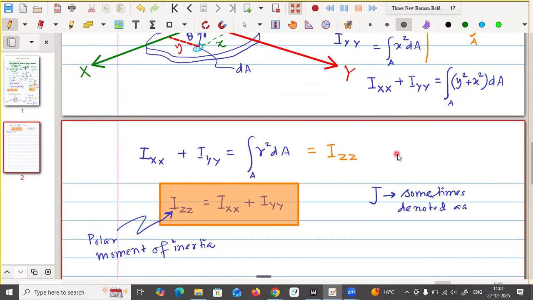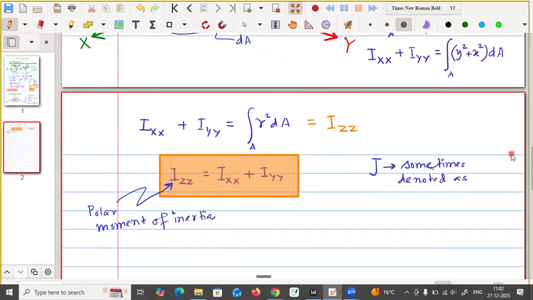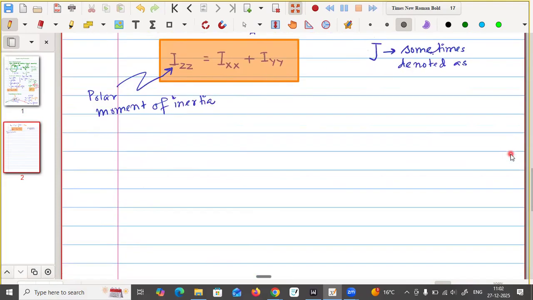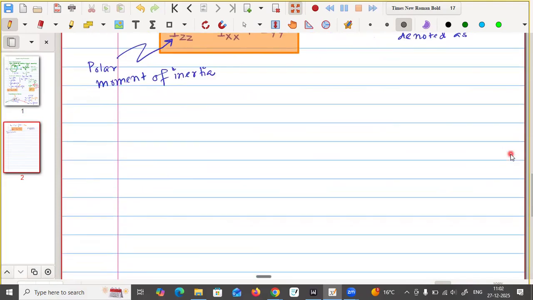So these are the two theorems by which you can transfer the moment of inertia. This is one thing. Now regarding any particular situation when you need to determine the moment of inertia, we can apply the definition or the transfer axis theorem.